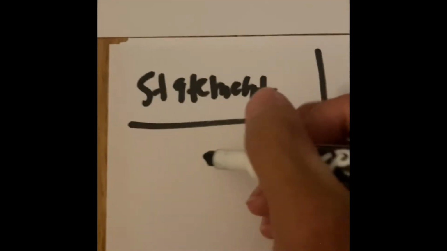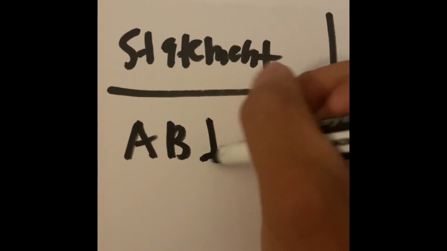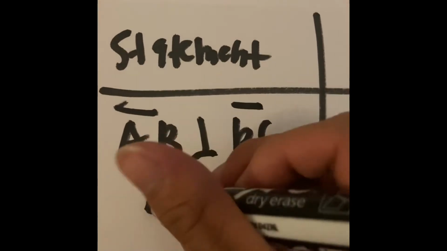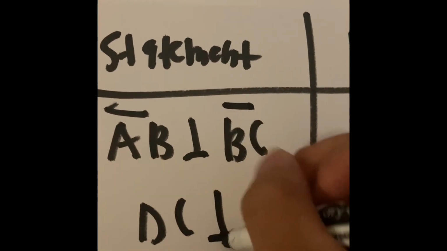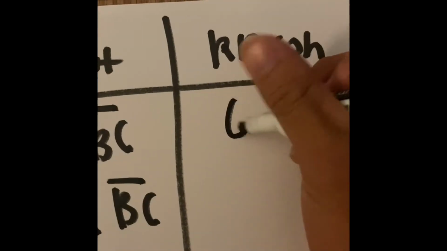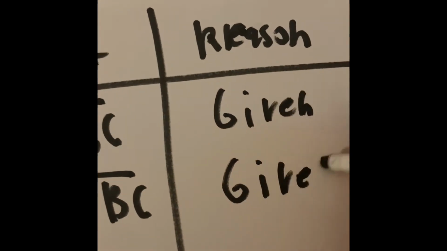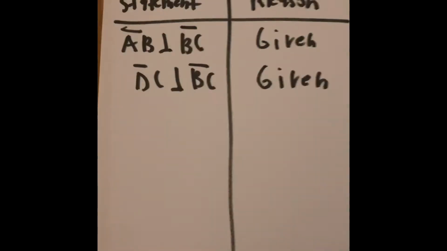Let's start with our proof. Given to us, we said that AB is perpendicular to BC as segments, and also DC is perpendicular to BC as segments. Those were our given statements, the problem that was literally given to us.